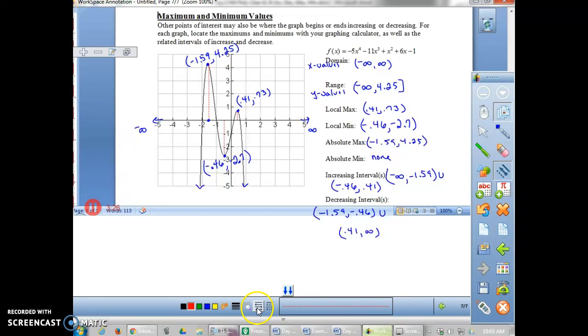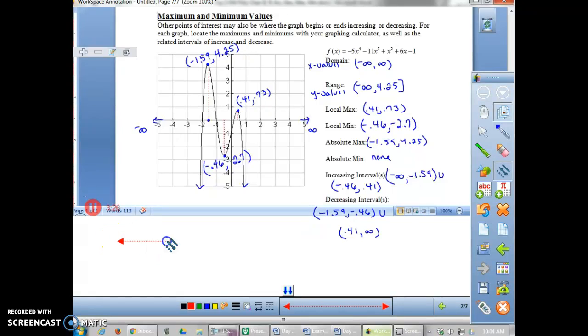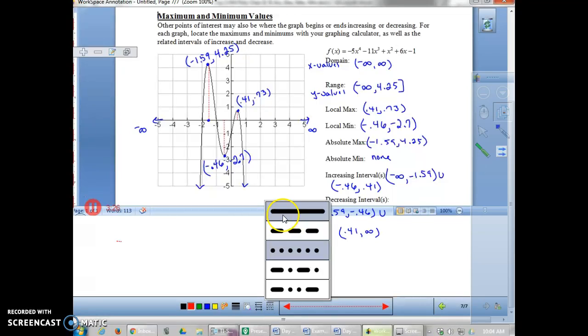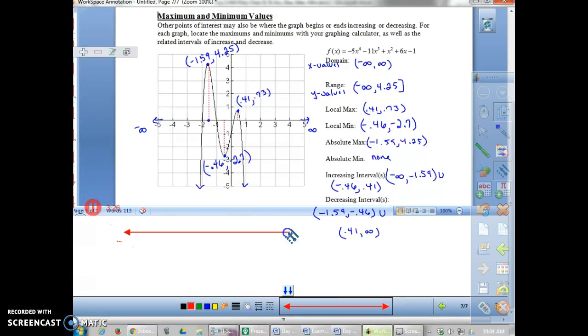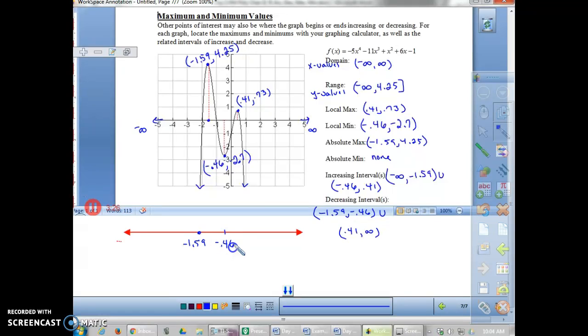Now I want to show you one other thing, is if I draw a number line, I want to do a solid number line. Okay, so if I draw in a number line, and essentially if I take all of these x's and sort of drop them down to this number line, negative 1.59, take this x here, negative 0.46, take the next x of 0.41, and then I only had those three.